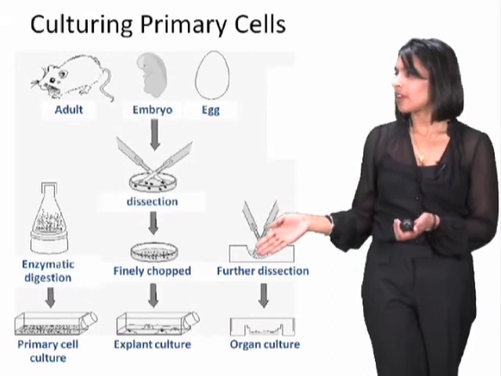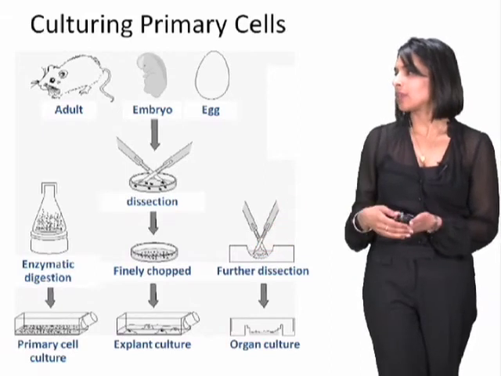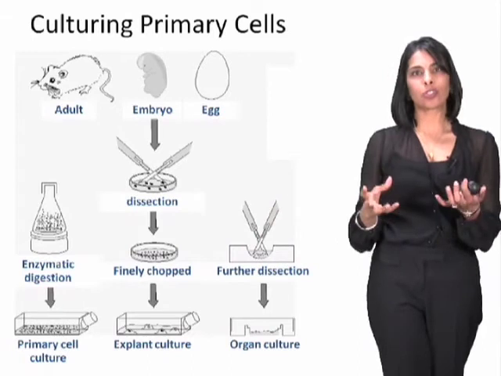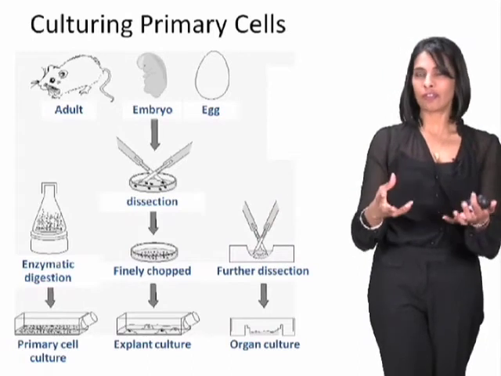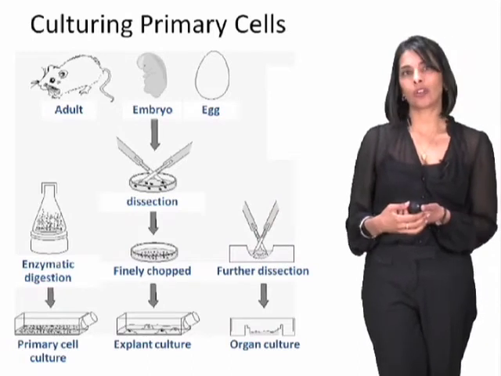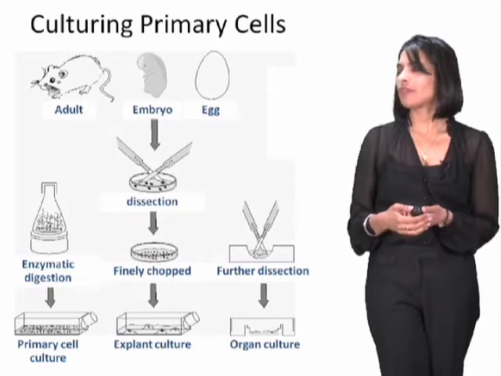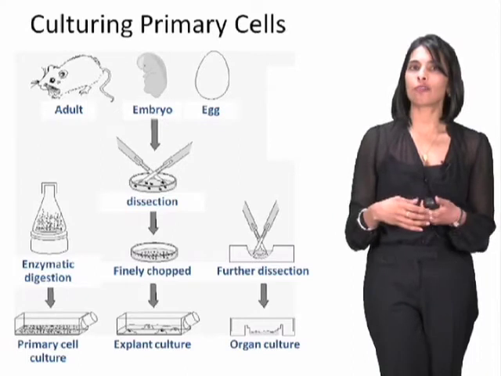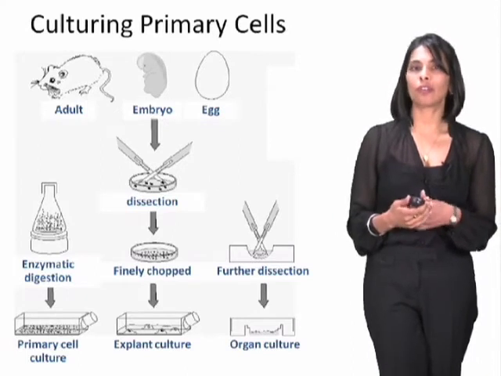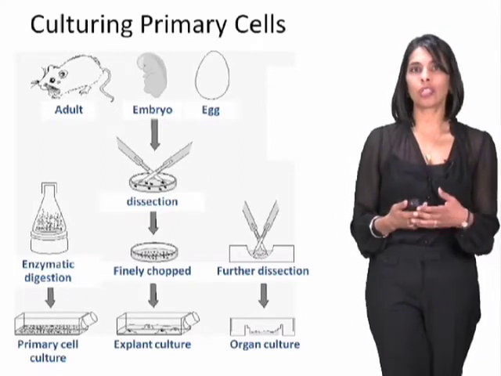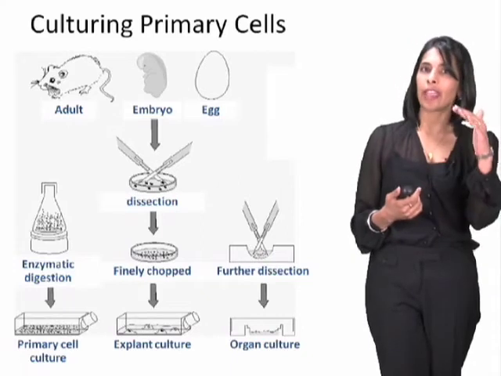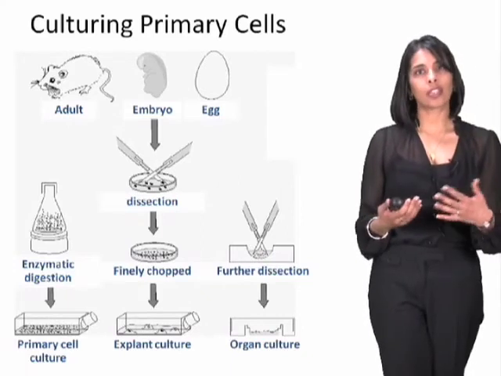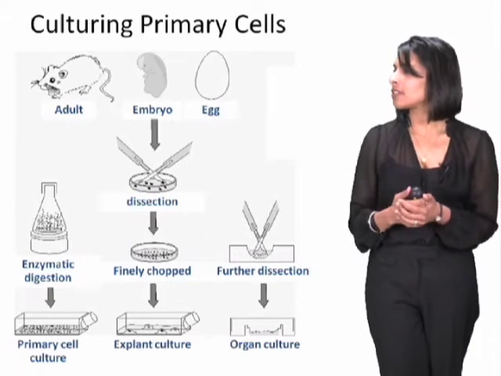If they are just slightly processed, and they retain their three-dimensional structure from the in vivo environment, we call that organ culture. These organ cultures are often done at air-water interfaces that mimic the environment of particular tissues in vivo. For example, the skin that I showed you earlier is actually cultured at the air-liquid interface, just like the skin on your body is at an air-liquid interface.